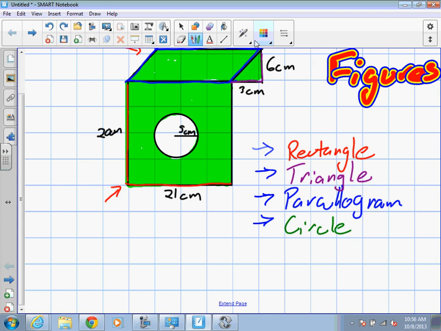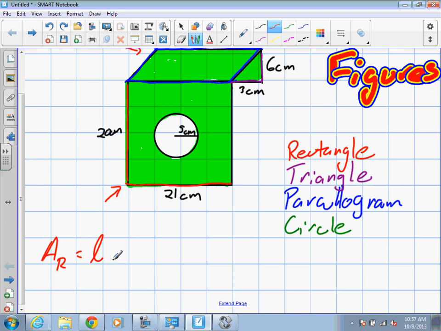for all 4 shapes. So we're going to do area of a rectangle is equal to what? Length times width. That's right. Area of a triangle? Base times height. That's right, and you can say either divided by 2 or 1/2 times base times height.